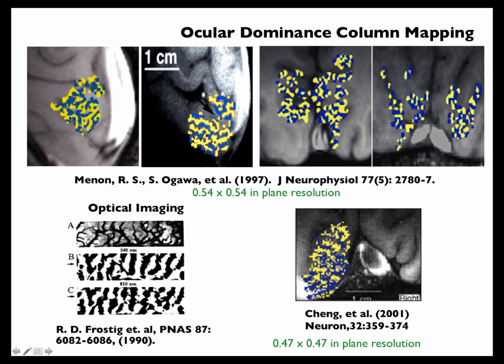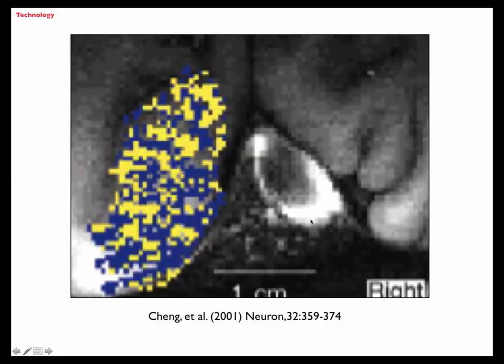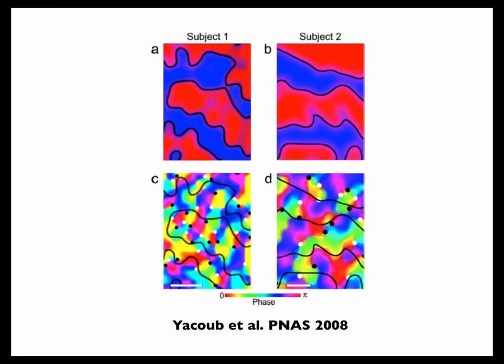The first results that showed this columnar activation resolution with fMRI were by Ravi Menon in 1997 and Kang Cheng in 2001. Both of them show somewhat similar results. Kang even chose the same color scale, I guess. And here are the results. Essa Yaqub at Minnesota was able to take this one step further.